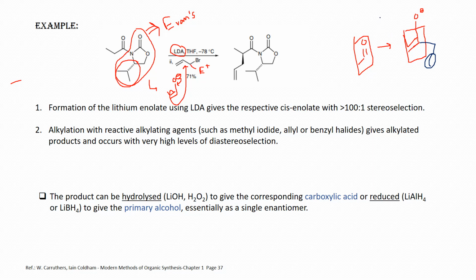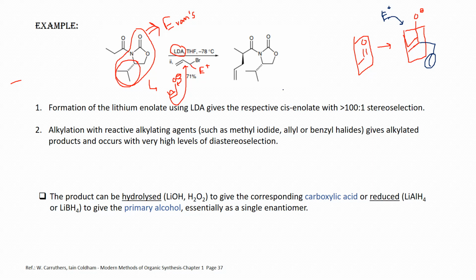So whenever the electrophile comes, it will prefer the above of the plane. The electrophile will approach from above the plane because the lower part is stereochemically hindered by this isopropyl group.